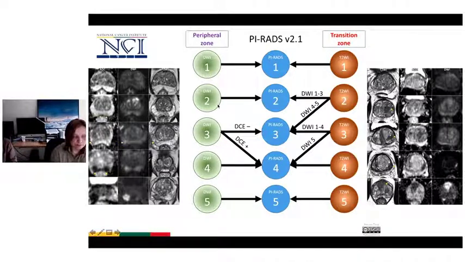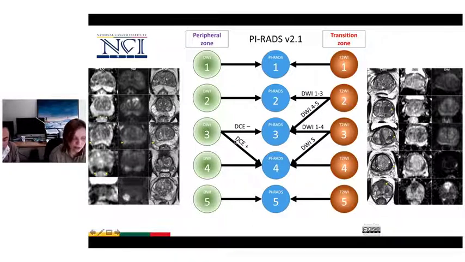And if we have something that we cannot really explain very easily, because it's a little bit bright on diffusion, a little bit dark on ADC, but not as dark as it should be, and on T2 images we see some lesion, then we look at contrast enhanced images.